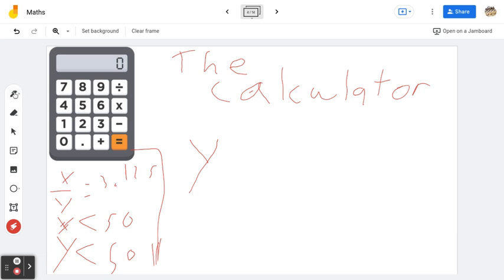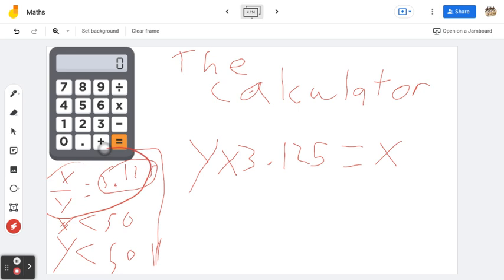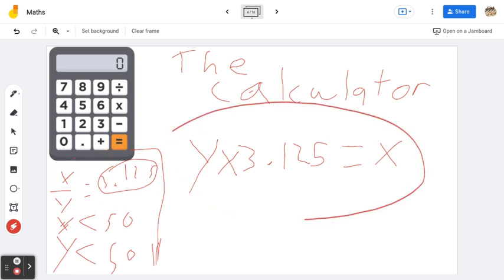So we also know y multiplied by 3.125 is going to equal x, isn't it? Because there's a little bit of a triangle family: if x divided by y equals 3.125, then surely y multiplied by 3.125 would equal x.